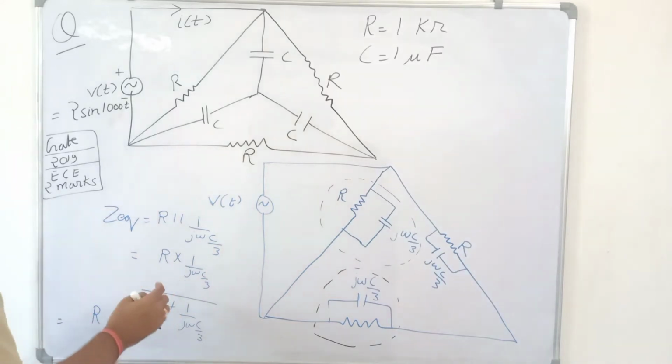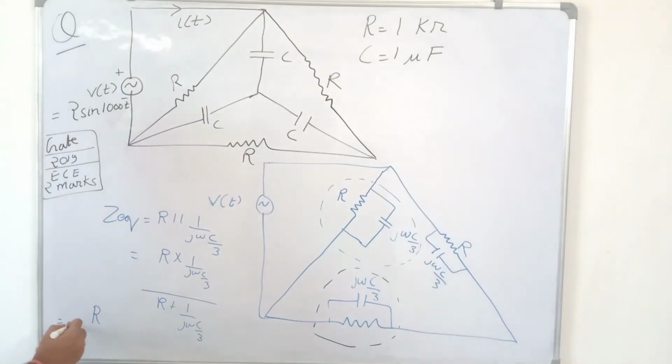When we take the LCM, we get R upon j omega RC by 3 plus 1. Again we take the LCM, so j omega RC plus 3, into 3R. So the Z equivalent is equal to 3R upon j omega RC plus 3.